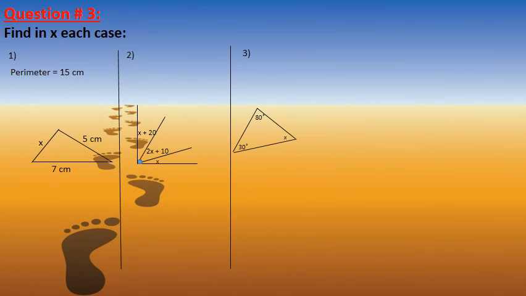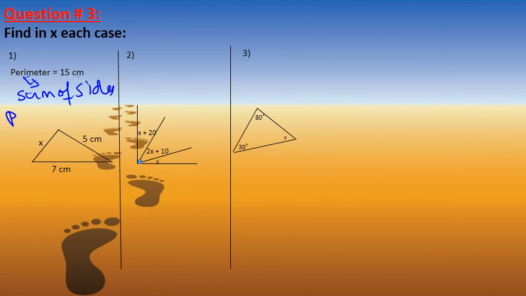Now in question number 3, we should find x in each of the following cases. We have a triangle and we are given the perimeter of this triangle is equal to 15 centimeters. The perimeter of any geometrical shape is the sum of the sides.